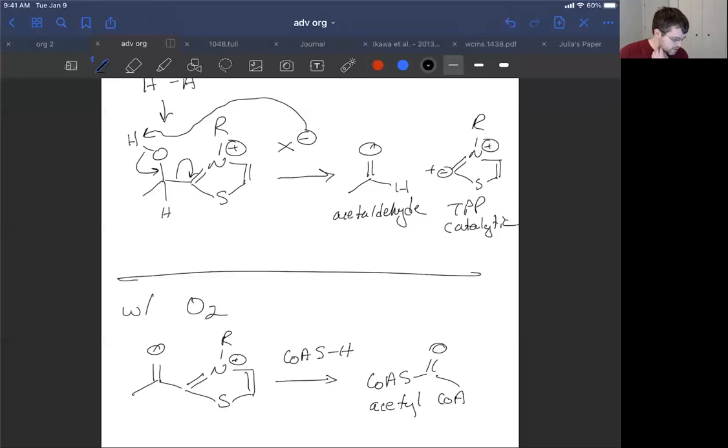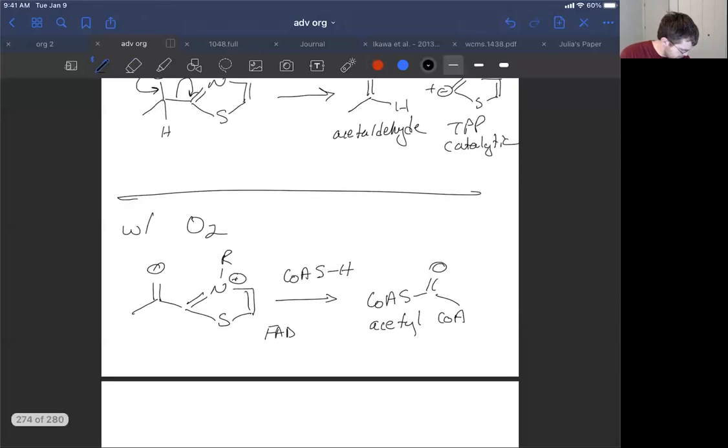Acetyl CoA. And to do that, you're going to use two cofactors. You're going to use FAD, which we talked about last time. FAD is going to make FADH2. And you also need this interesting cofactor that has a disulfide bond in it.